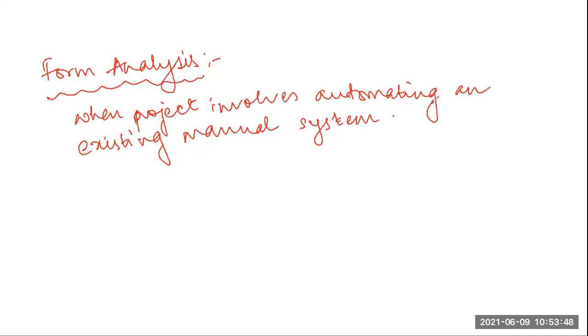The exact procedures, all the forms, all the notifications will be taken and analyzed so the analyst can gather information about the entire existing manual system. For different sets of data input to the system, how this input data will be used by the system to produce the corresponding output data is determined.